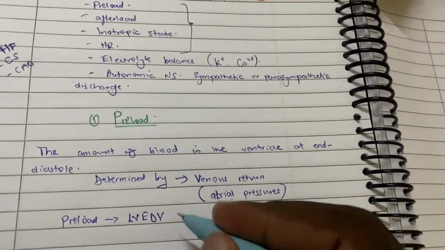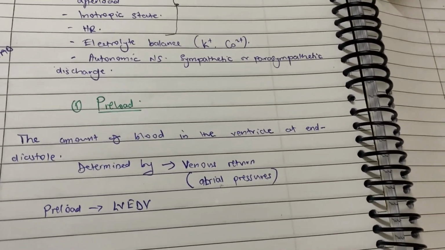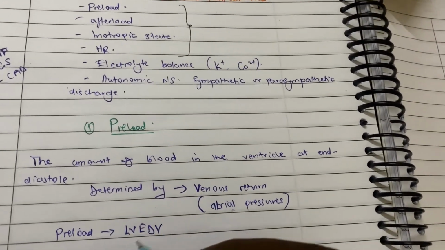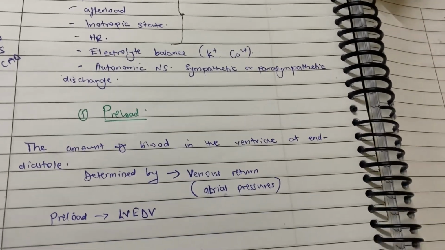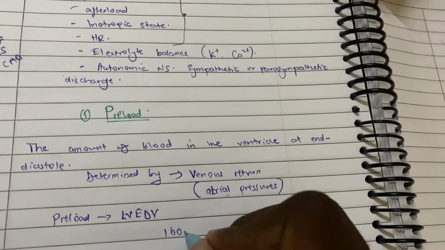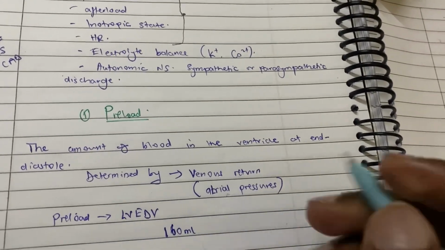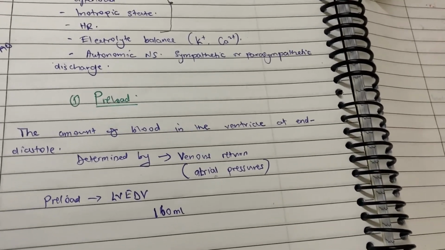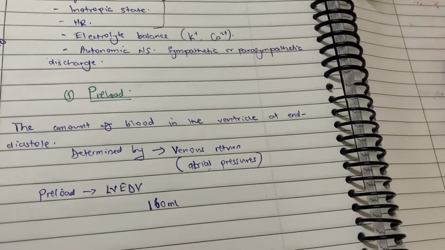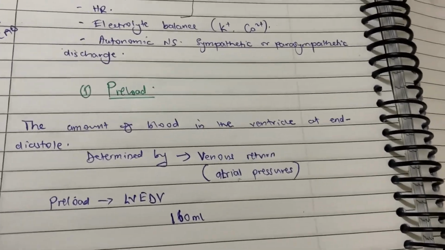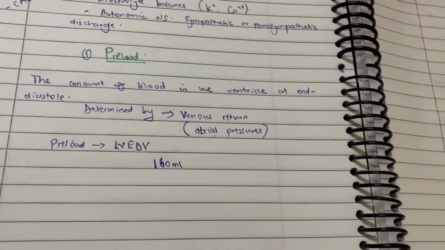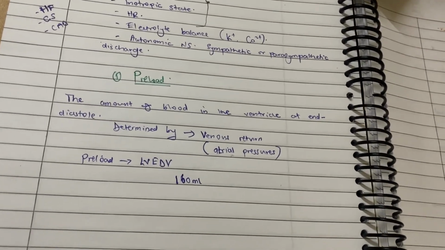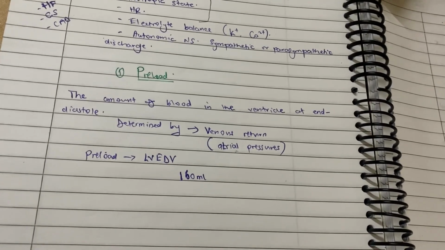I won't give the normals because they change based on whether female or male. But it shouldn't go past 160, at least 160 ml. If it's more than that, it means that chamber is dilated and it is accommodating excess amount of blood. Either it is failing, like systolic failure, or there are valvular diseases like regurgitations or stenosis, and it is decompensating.